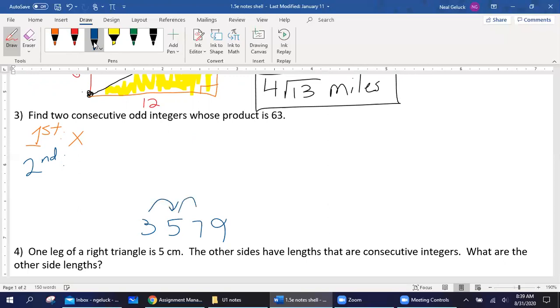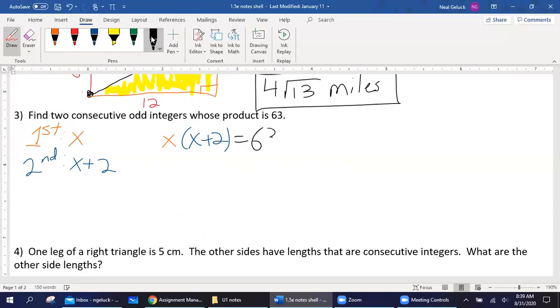You bump up 2 from one odd number to the next odd number. So from x, the next one would be x plus 2, because it's a distance of 2 from each one. Whose product, okay, so that's going to be x times x plus 2, is 63.